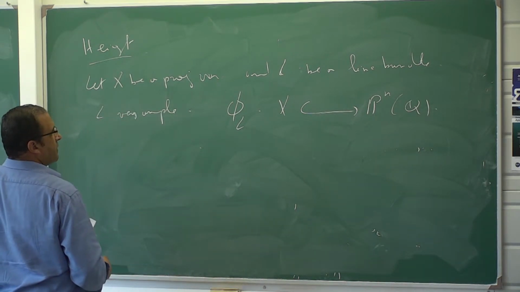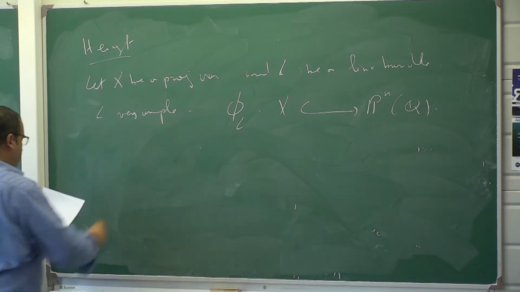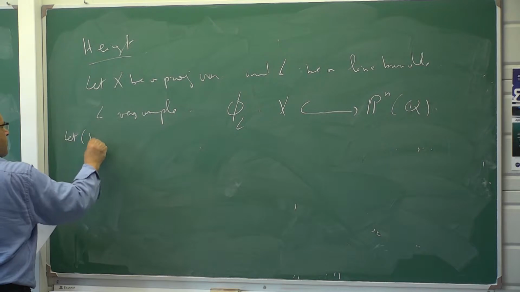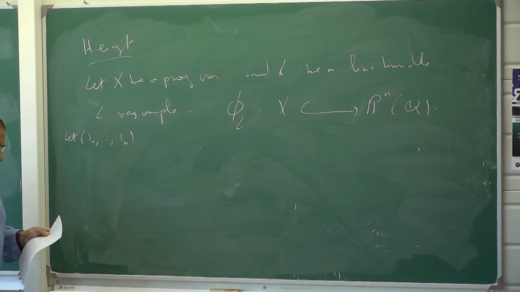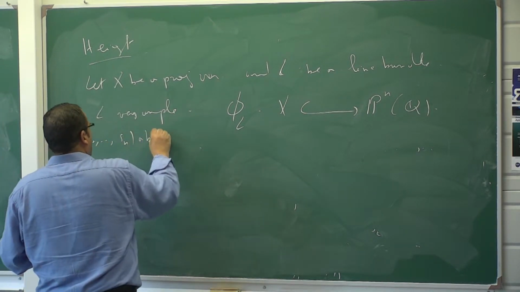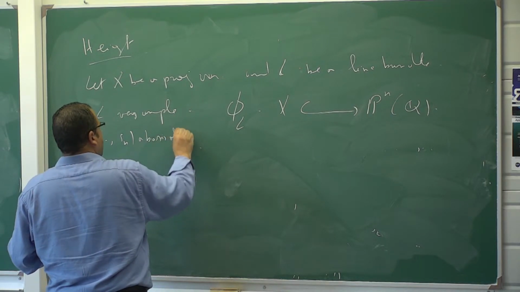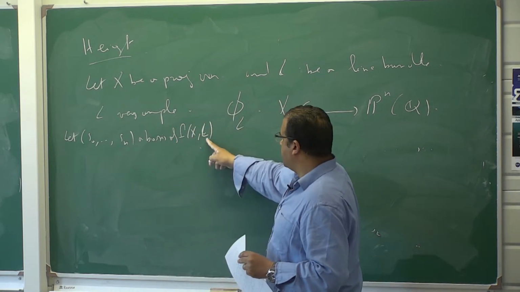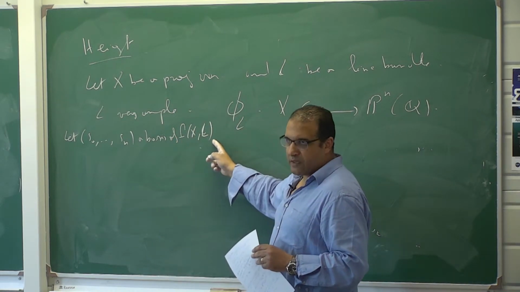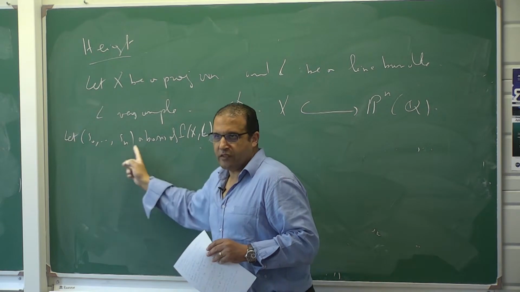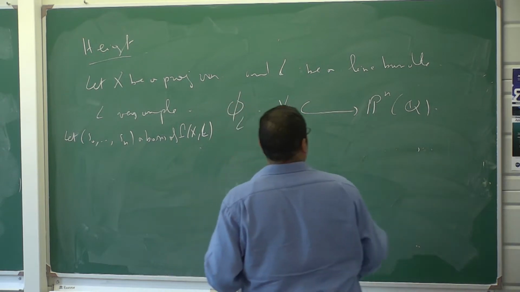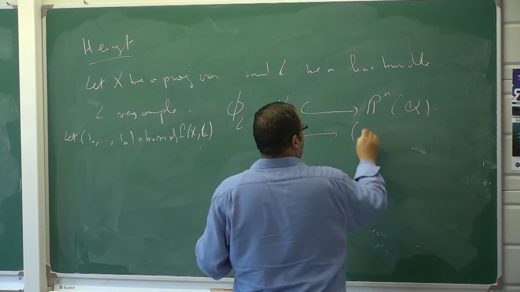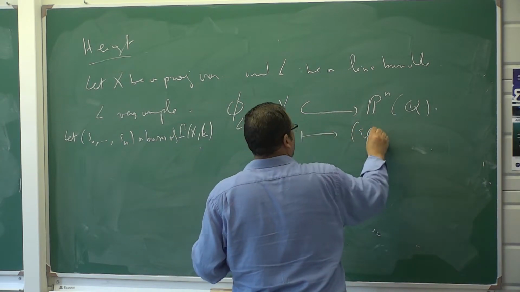If L is very ample, we choose a basis s_0, ..., s_n of the set of global sections of L. As I mentioned before, this set is a finite dimensional vector space, so we can find a basis of this vector space, and we can use these functions to define the embedding.